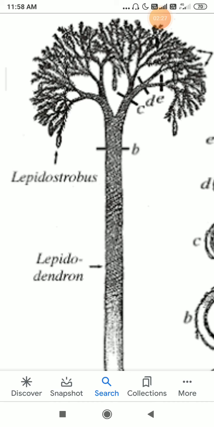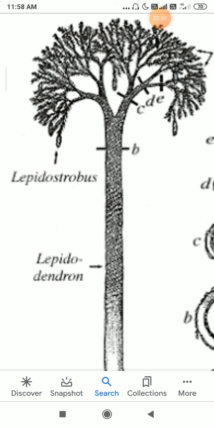Lepidodendron measures about 40 meters in height, and usually it branches only at the tip. The center portion is a straight erect trunk, and the leaves are irregular, usually dichotomous. Leaves were attached to the summit of the pyramidal leaf cushions, which look like cushion-like structures.